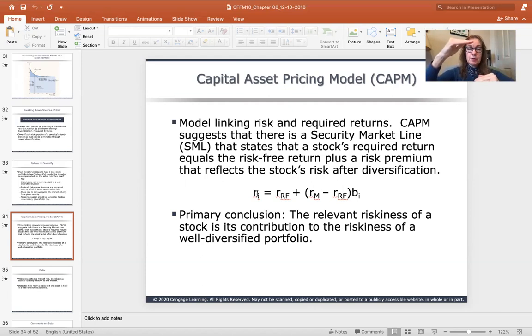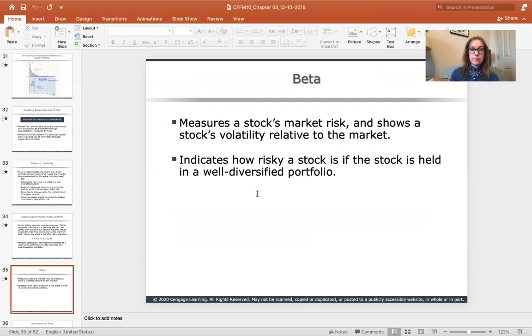But if it's just the opposite, if the required return is up here, but they're only expecting a return down here, the stock would not be a buy, it's overvalued. So it's a way to see what the required return should be on a stock to compensate you for your risk. And then you can look and see what the expected return is and compare that to see if the stock is a good buy or not.